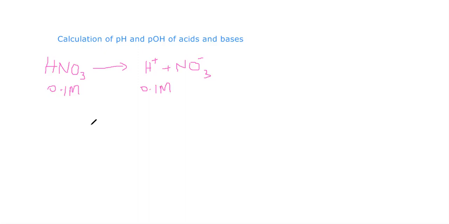Now, how can you calculate the pH? The concentration of the hydrogen ion is required to calculate the pH, and there is a very simple formula.